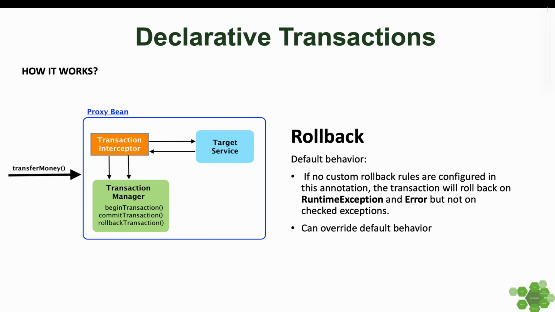Well, in this case, I'm explaining it in the context of Spring and telling all the aspects or all the parts that need to be touched. So we see that we are transferring money. The call does not come to the target service directly, no. The call comes to a proxy, then that call is intercepted with a transaction interceptor.